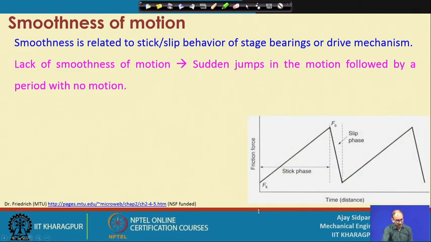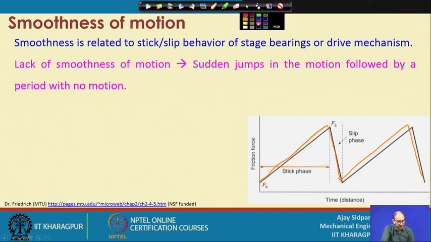This is the frictional force, and it will increase initially, so you are not able to get a continuous motion. This is the stick phase, and as soon as you overcome that frictional force, you suddenly move, and this is called the slip phase. Once that motion is over, the same cycle repeats, again a stick phase and a slip phase. So, your motion is actually not uniform.